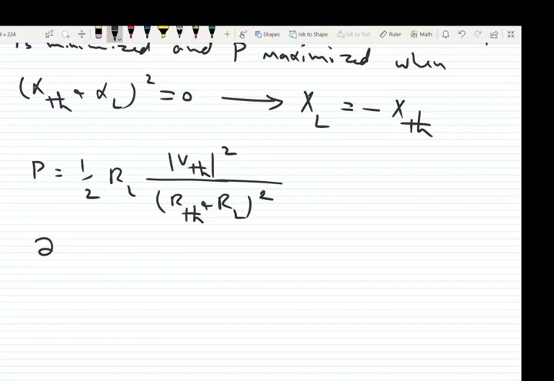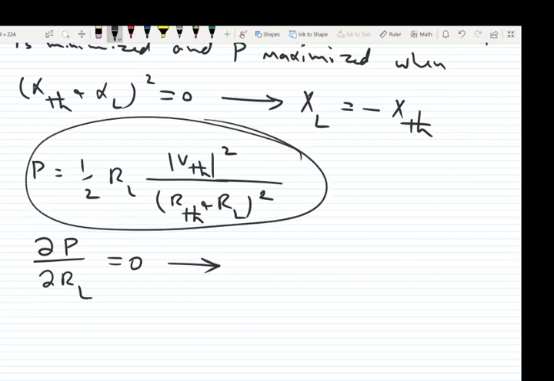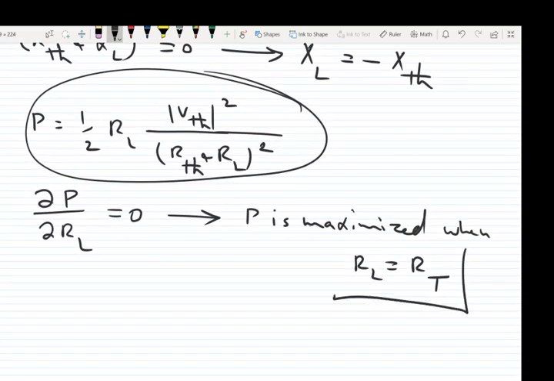So if we calculate the partial derivative of P over RL and equate it to 0, the result gives the maximum power. If we do this, we will see that P is maximized when RL is equal to R Thevenin. So we got the answer.